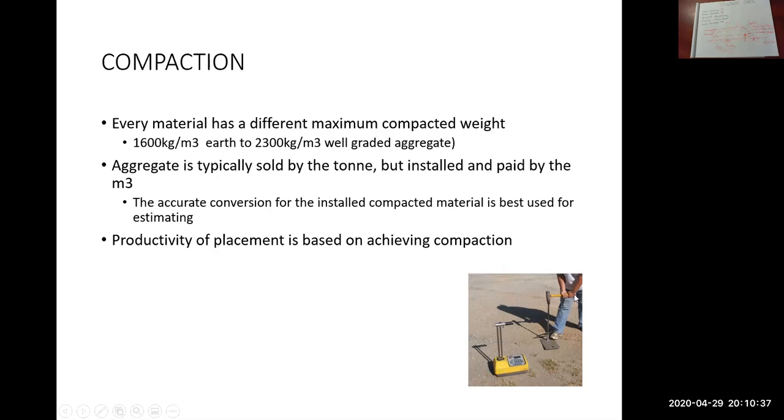What the technician does is this plate rod is pounded into the ground with the sledge. The rod is then removed. The plate is left there, so you don't move the plate. This machine is then placed over top, and the operator, by pushing down on this handle, inserts a probe into the hole that you've just pounded into the ground.